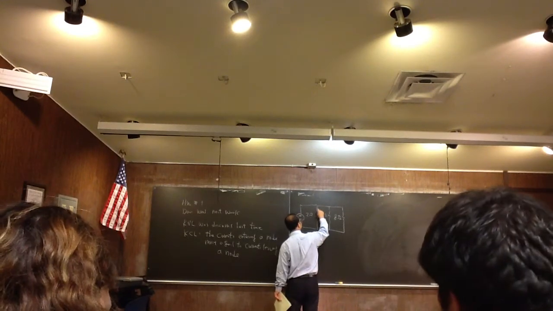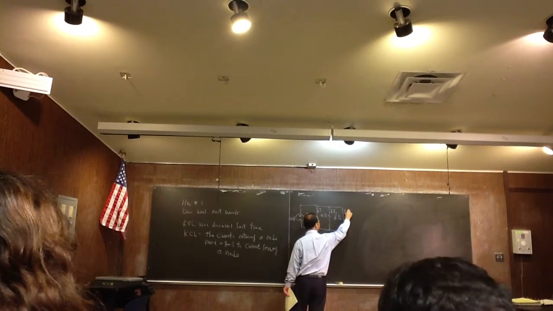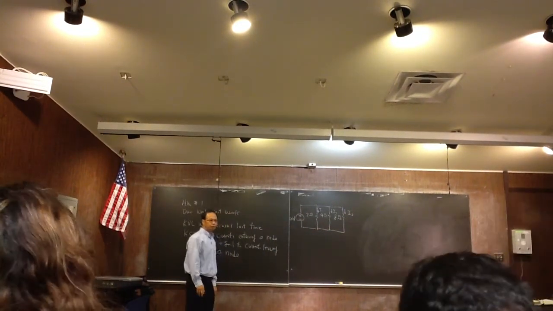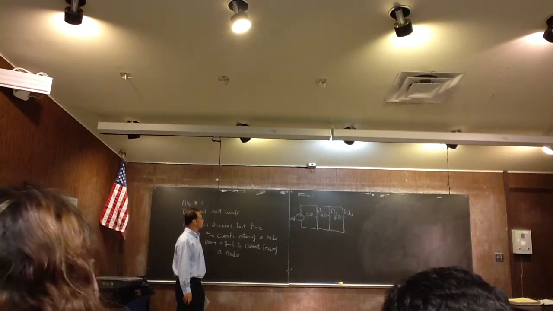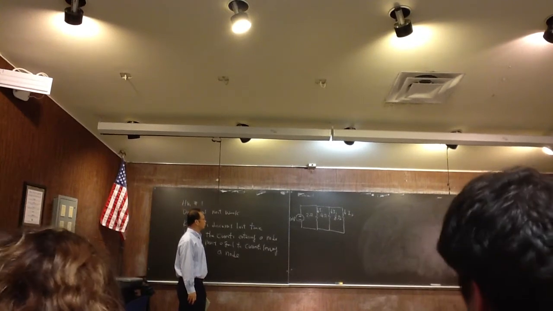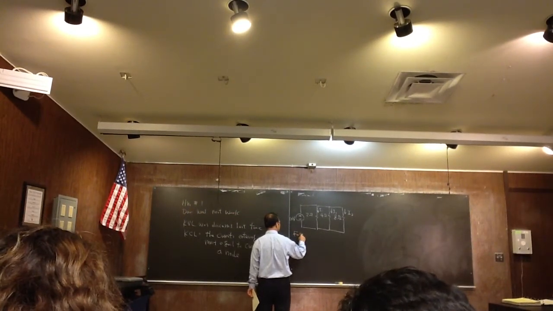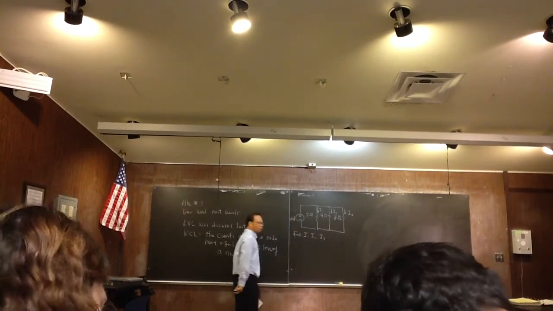And let's say the currents going here are I1, I2, and I3. So we want to find the currents I1, I2, and I3. Okay?